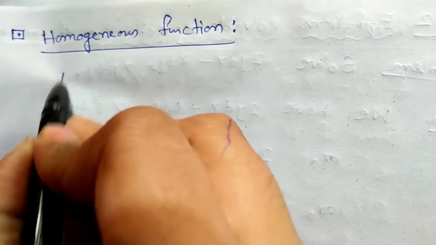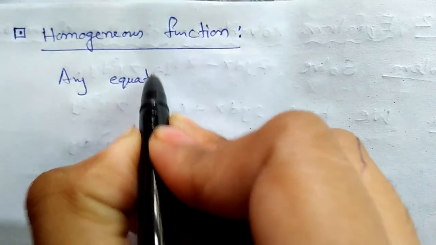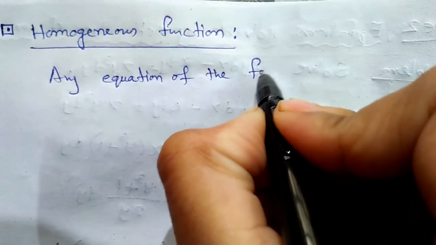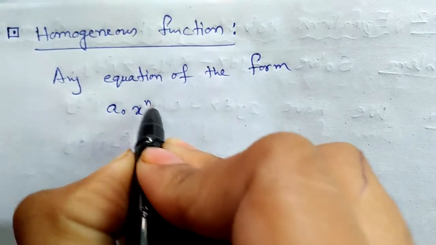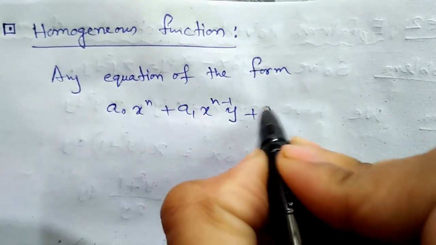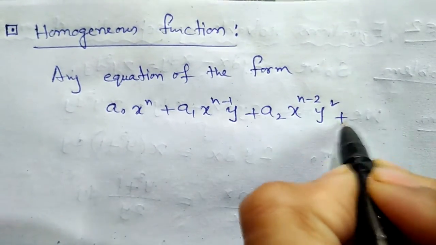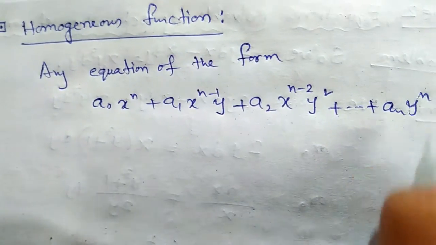So, any expression of the form a0 x to the power n plus a1 x to the power n minus 1 y plus a2 x to the power n minus 2 y square plus up to an y to the power n.